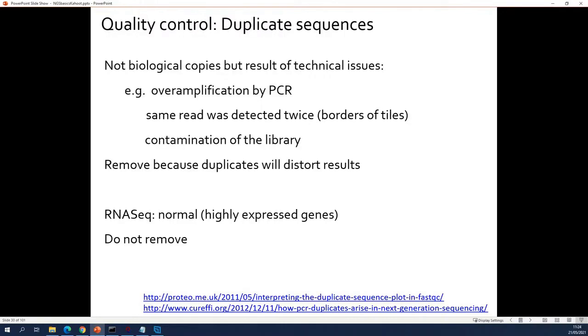And in ChIP-seq, you often have technical duplicates because the ChIP samples are very small. The ChIP samples, what are they? They are the DNA that is bound by a transcription factor. Not that much DNA is bound by a transcription factor. So you have small libraries, you have to do a lot of PCR there. So in these two applications, you are going to remove your duplicates.